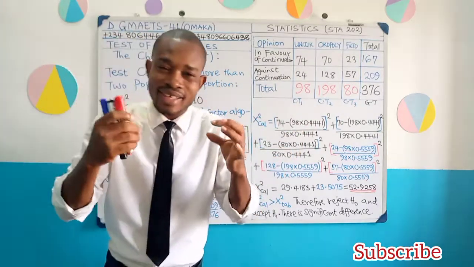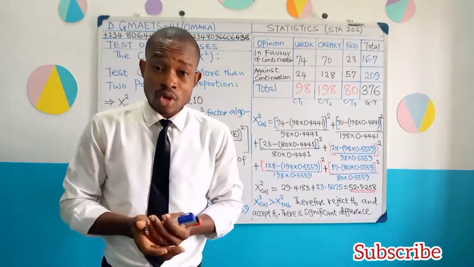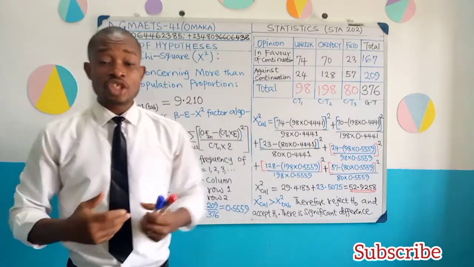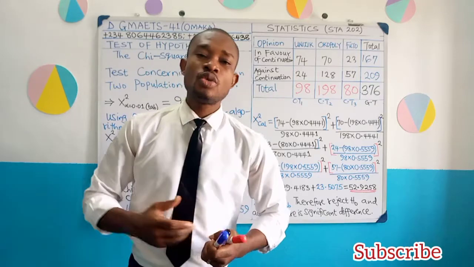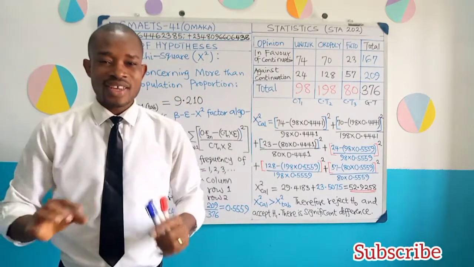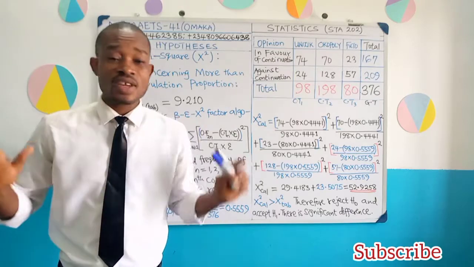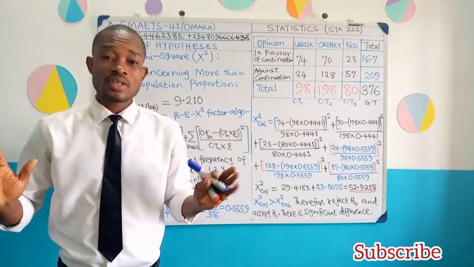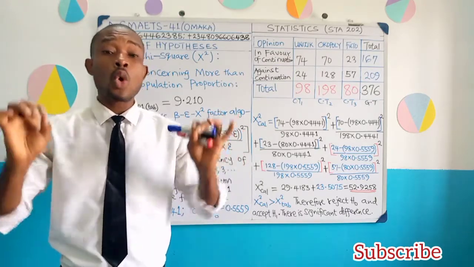What we are interested in is to know their opinion. It could be that they are saying it shouldn't continue. It could be that they are saying it should continue. All we know is that there is a difference in their response. There is what? A difference in their opinion.